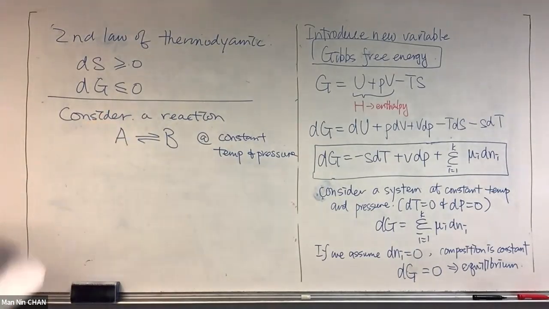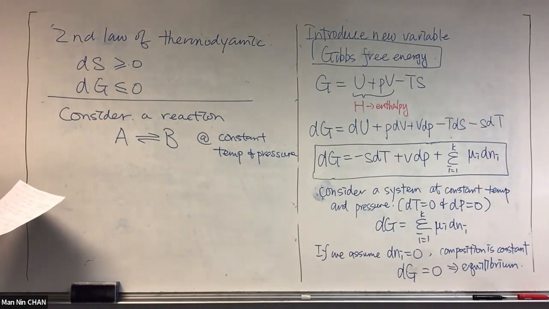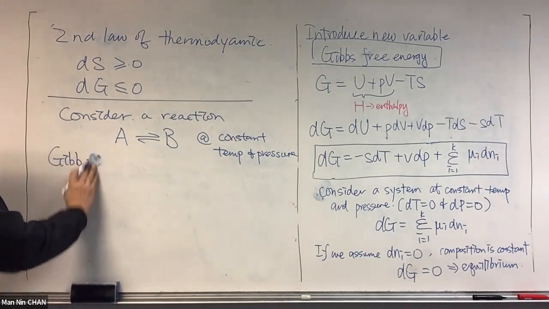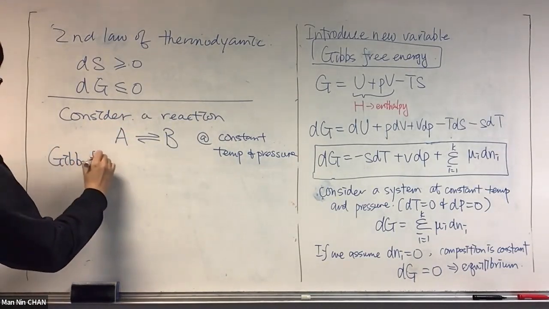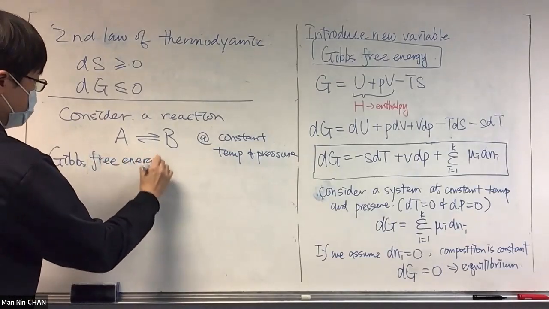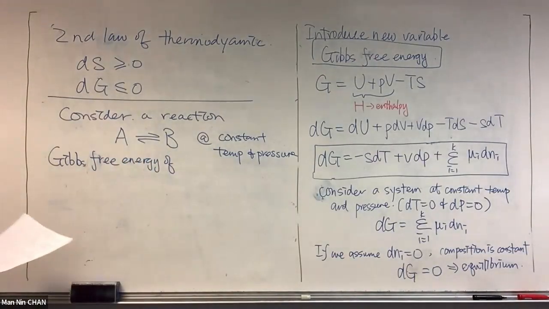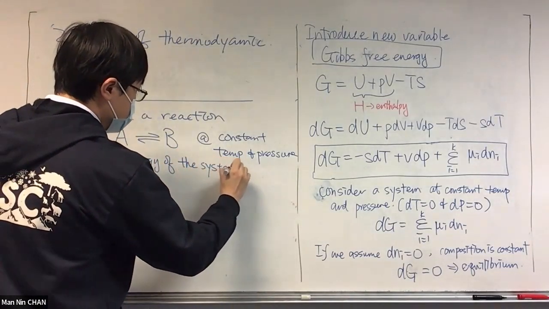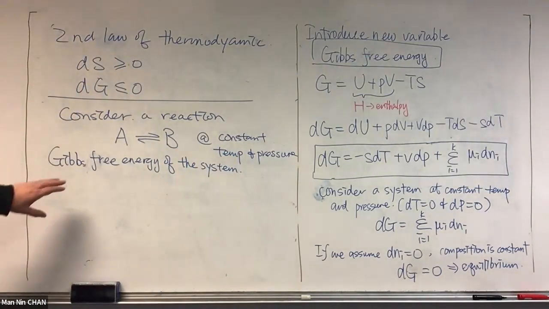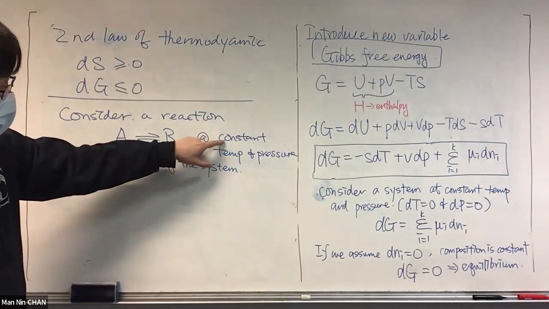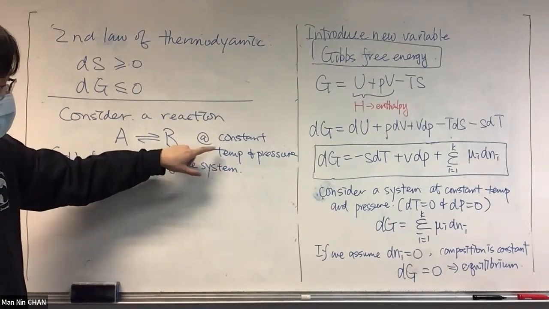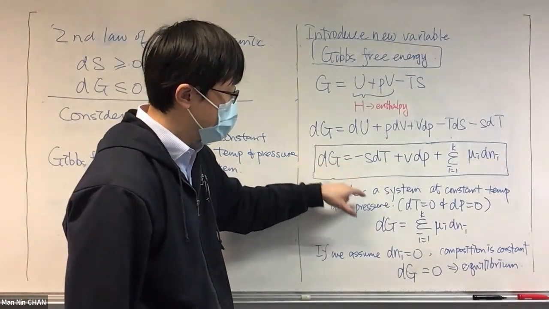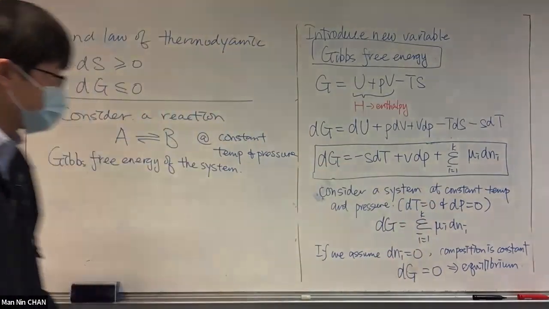So let's say you have considered this single reaction here. We can first write the Gibbs energy of your system. It's not difficult to write down the Gibbs free energy of the system, because you remember we consider a situation at constant temperature and pressure. When you have constant temperature and pressure, the Gibbs free energy is just made up of the chemical potentials of your species.